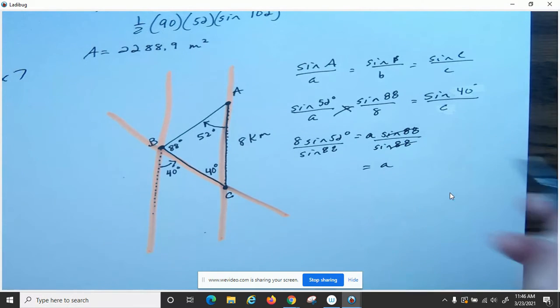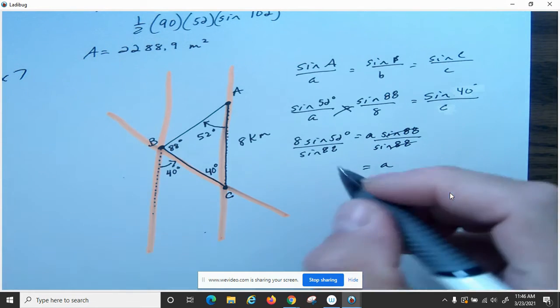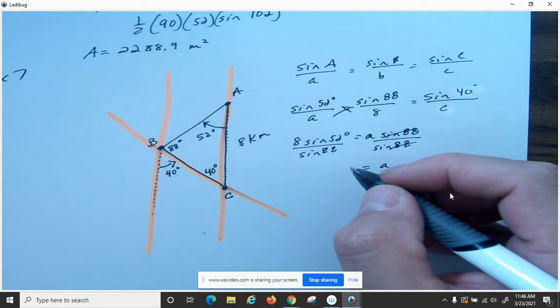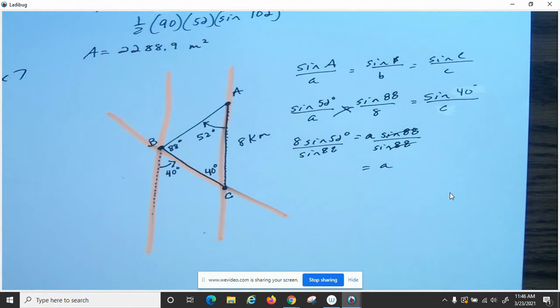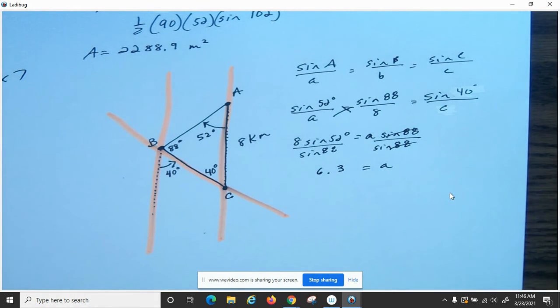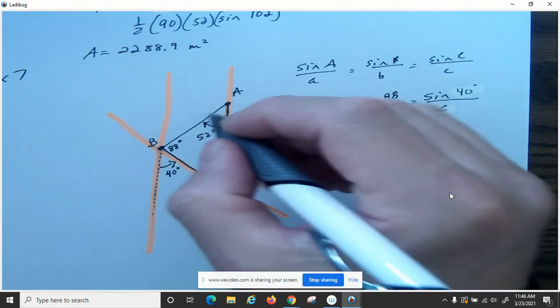That means side A will be equal to 8 times the sine of 52 divided by the sine of 88. No, hang on. I did not hit a button when I should have hit a button. Sorry. Okay, so 6.3. I did not divide. I actually just typed in sine of 88. All right, so A is equal to 6.3 kilometers.